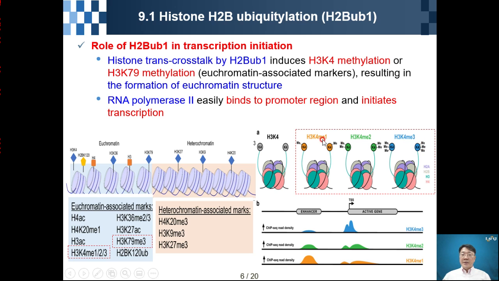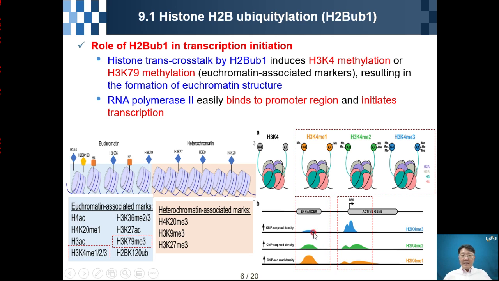H3K4 methylation is usually observed near the TSS, the transcription start site, and the promoter region, and we can also find H3K4 methylation near the enhancer region.